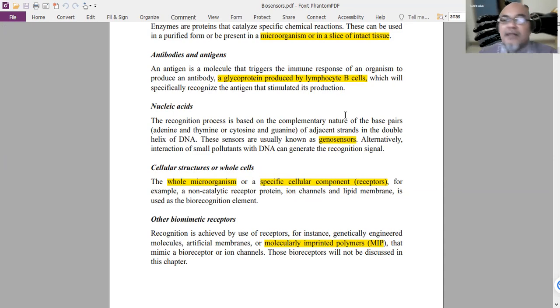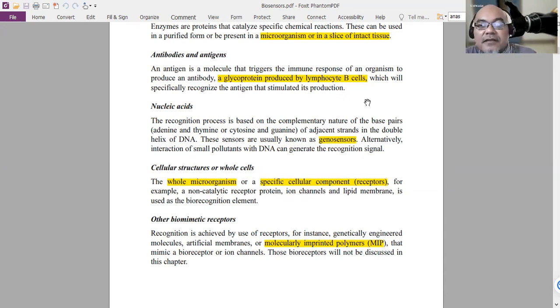Either its interaction with heavy metals, or metals that can disrupt its binding, therefore it generates mass change, or it functions like an aptamer. So similar to an antibody, but specific to a certain molecule.